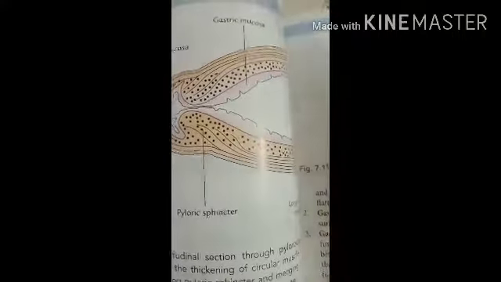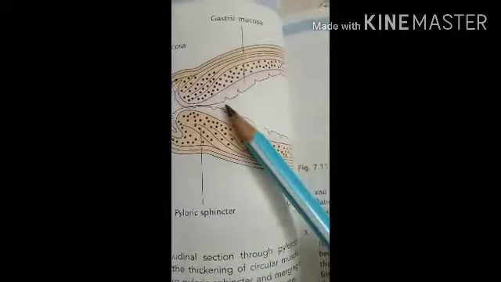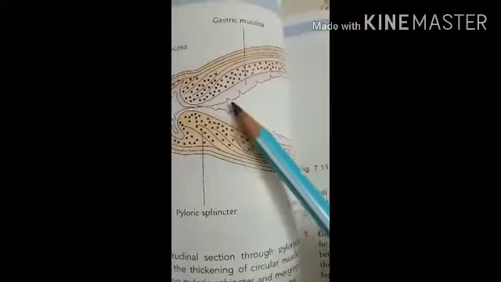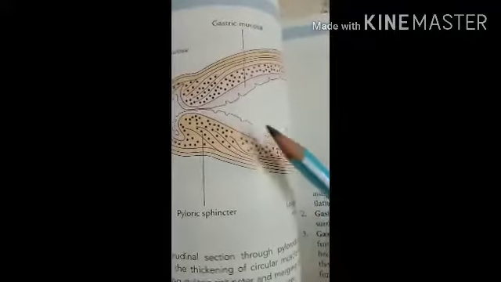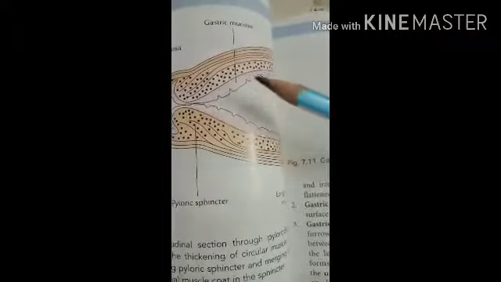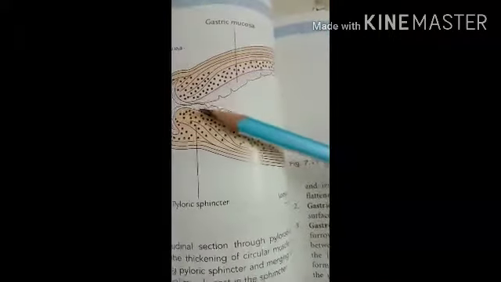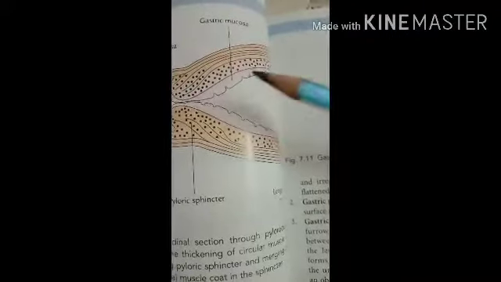Okay? The mucous membrane is thick, soft and velvety, and it presents a number of temporary folds called the gastric rugae. Okay? Then the mucous membrane is lined by simple columnar epithelial cells, forming simple tubular glands.